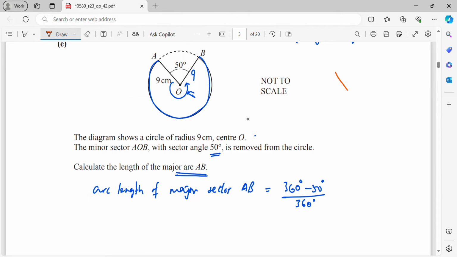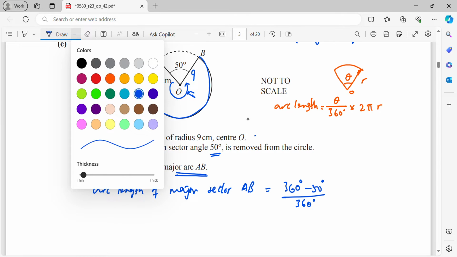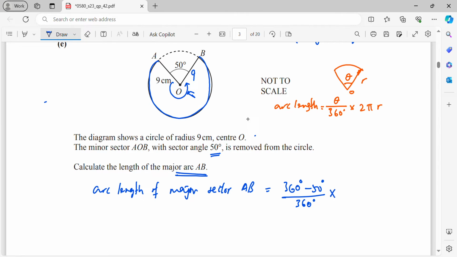Let's say this is the angle. This is the sector. This is R, this is theta. It will be theta over 360 degrees times 2 pi R. Okay, this is the arc length. Right, this is O, the center. Then from here I need to times 2 pi R.